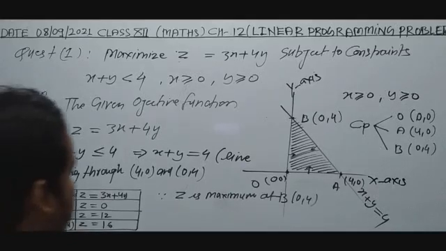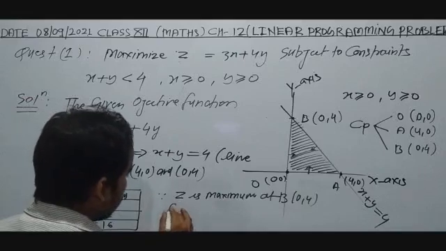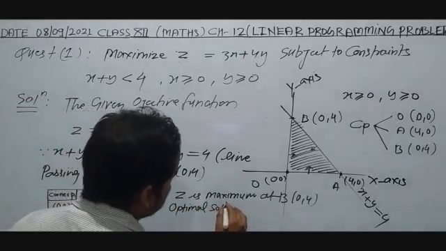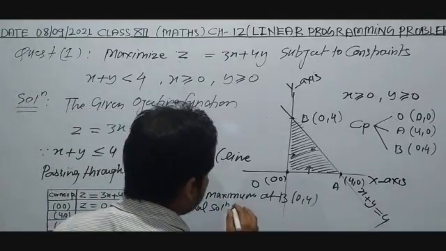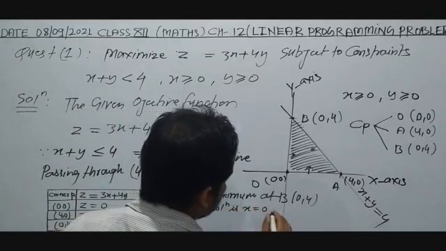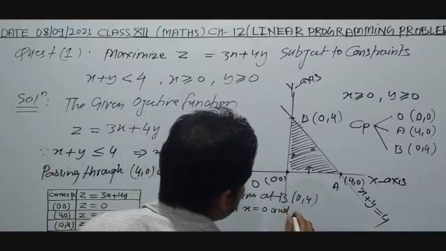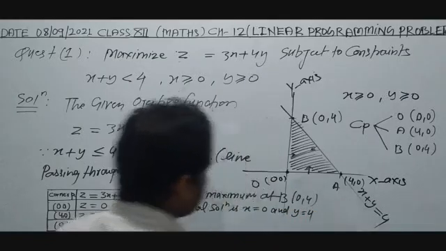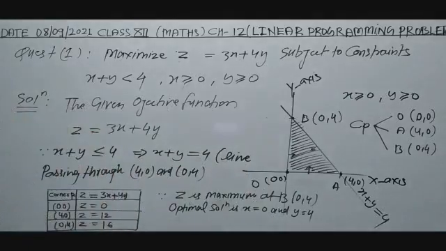So we can write that the optimal solution is x equals 0 and y equals 4.